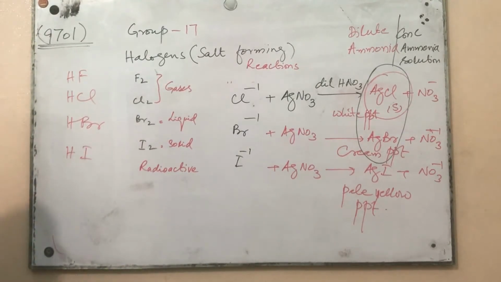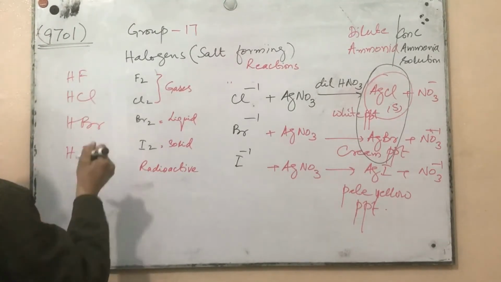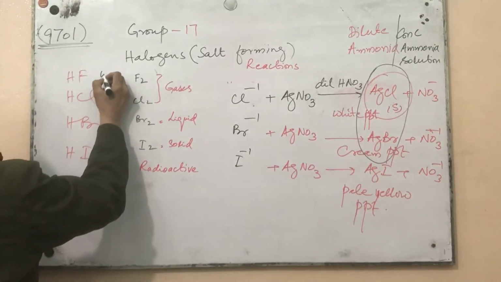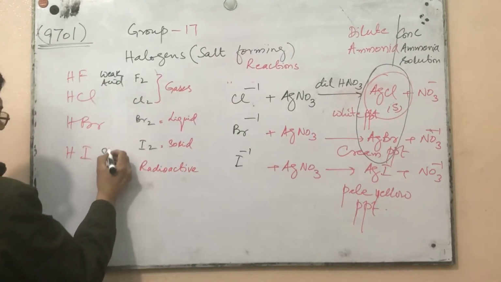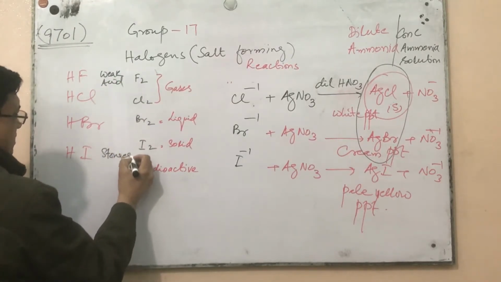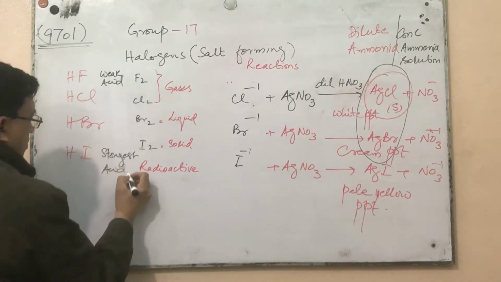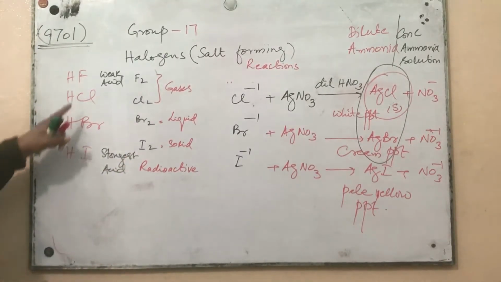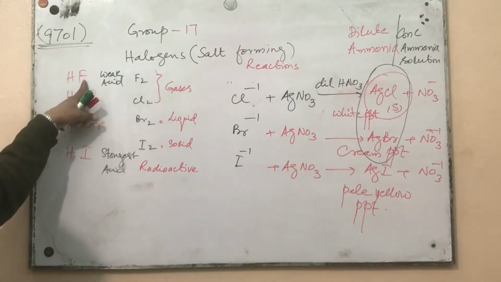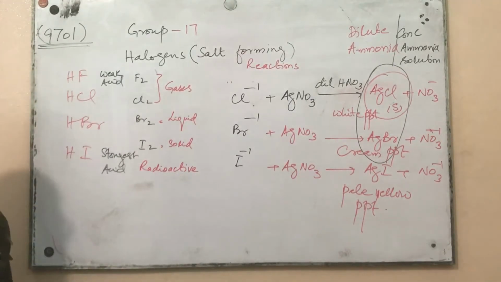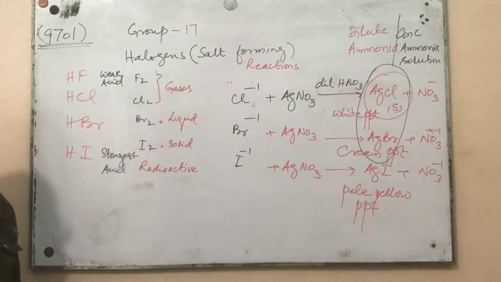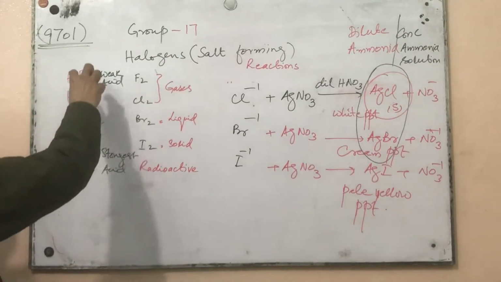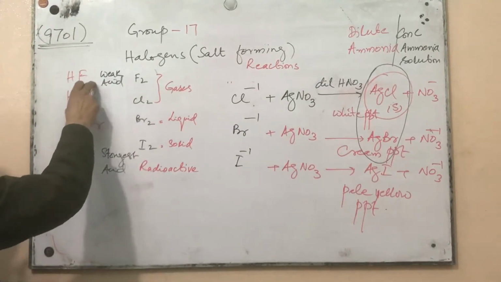If we want to judge the acidic character of all these halogen acids, then we can say this is a weak acid and this is the strongest acid. Why? Because due to the hydrogen bonding, percentage ionization of HF molecule will not take place in aqueous solution. That's why, due to the hydrogen bonding, percentage ionization will decrease.